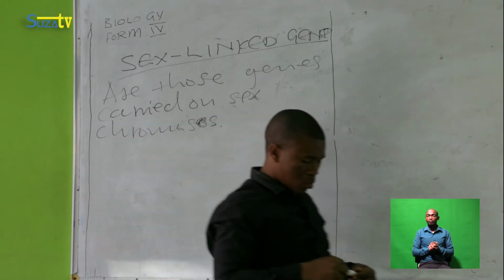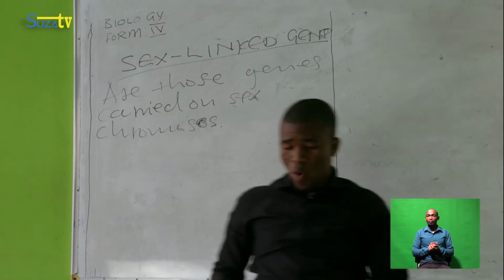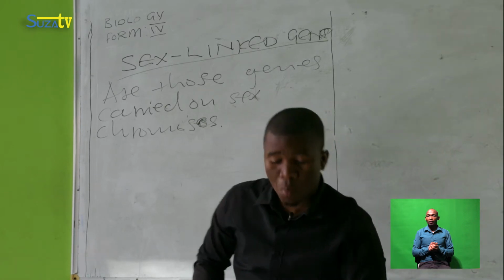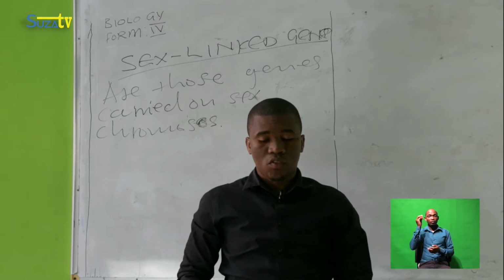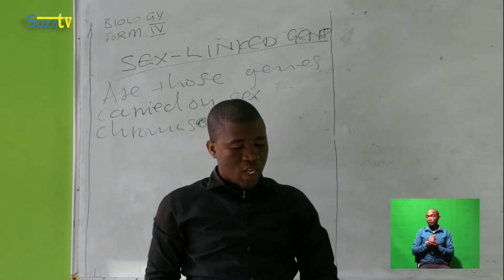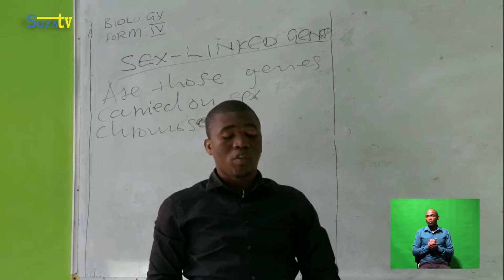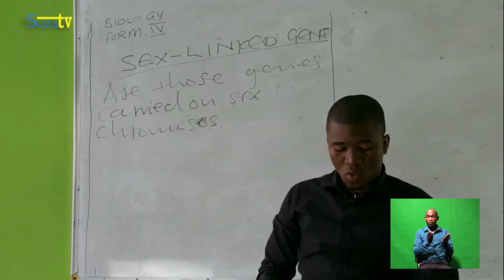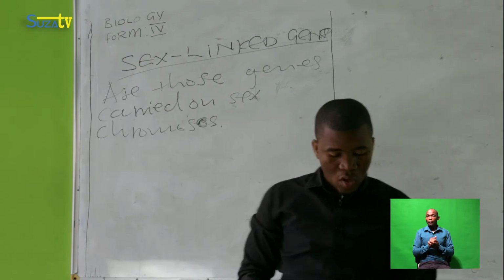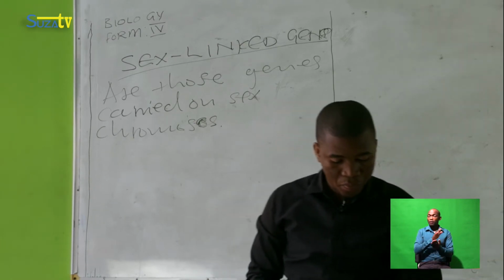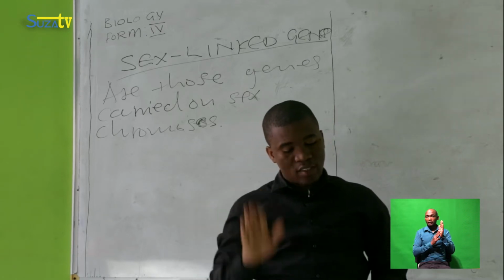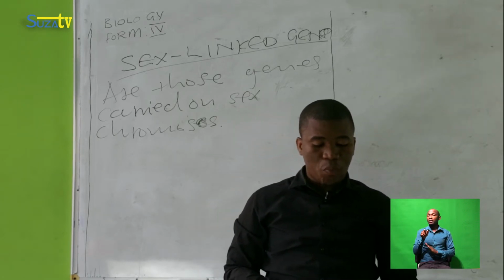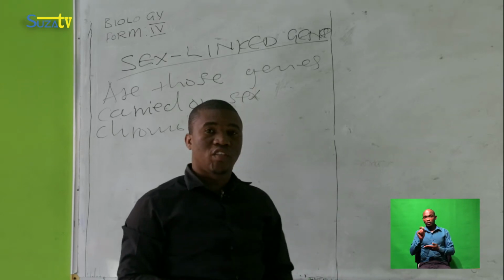Right. So we want to have more knowledge and concept concerning this aspect. For that, open your textbook, please, on page 68. You shall start reading the aspect written sex-linked gene.